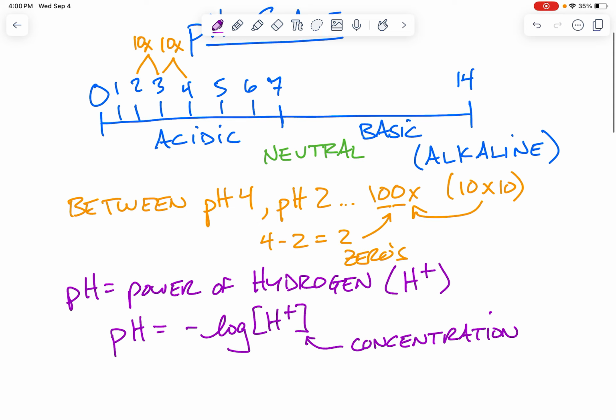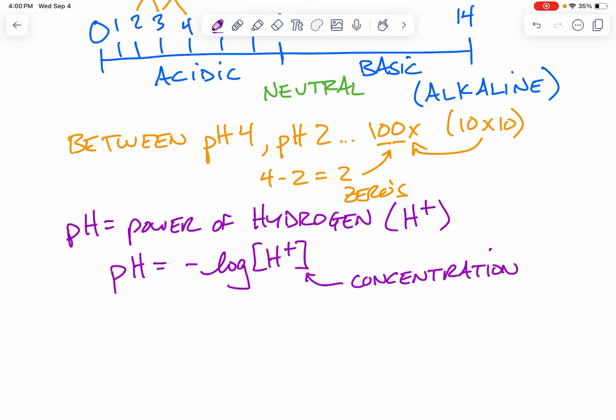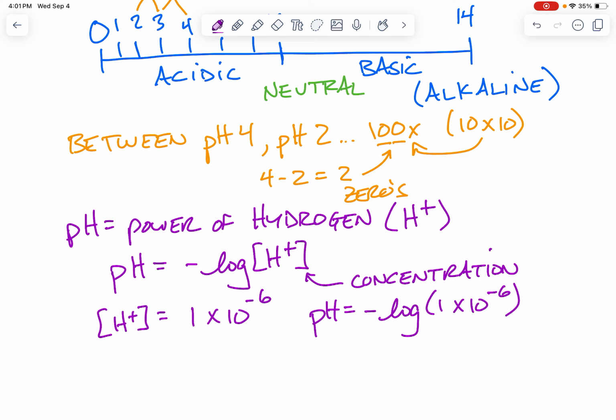Let's say that we know that the concentration of those hydrogen ions in a water sample is 1 times 10 to the minus 6. To calculate the pH, we would take the negative log of 1 times 10 to the minus 6 in our calculator, and it's going to be a pH of 6.